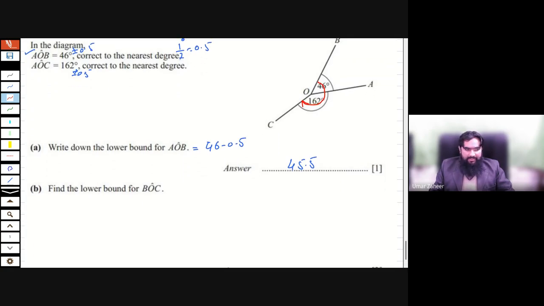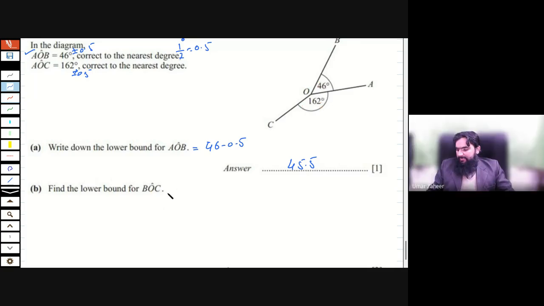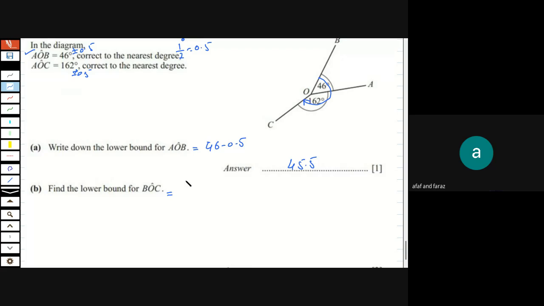Can you please tell me how we can find the lower bound of this one? So they want to find the lower bound for BOC. Simply tell me, BOC will be equal to the whole angle.